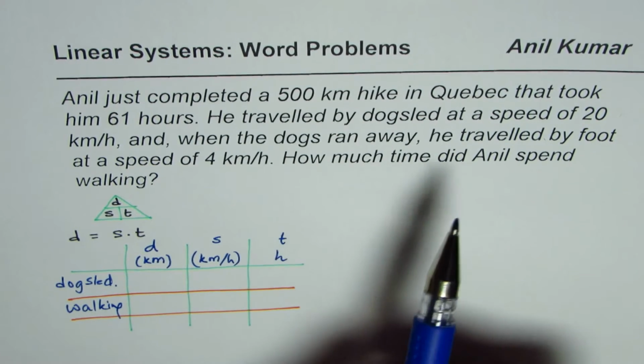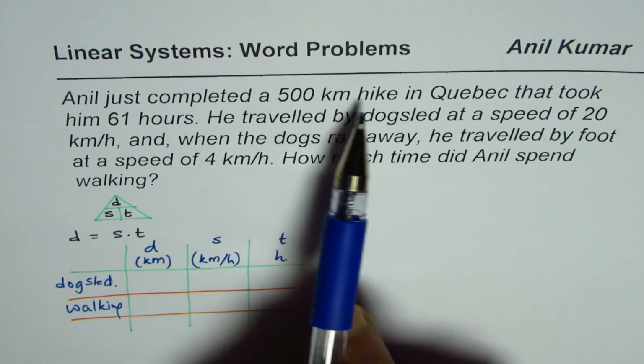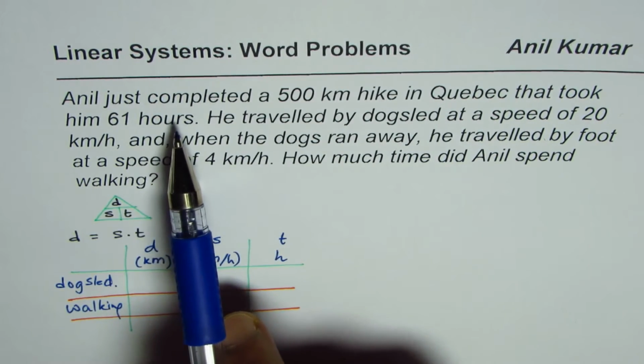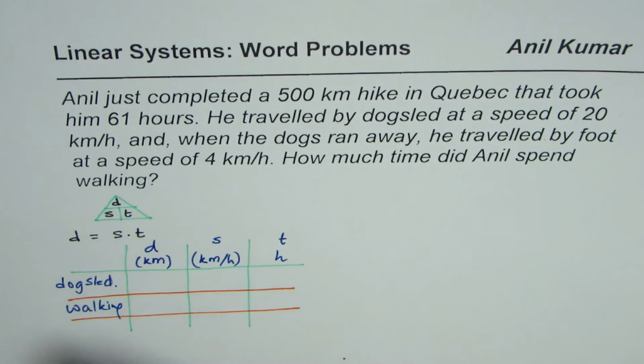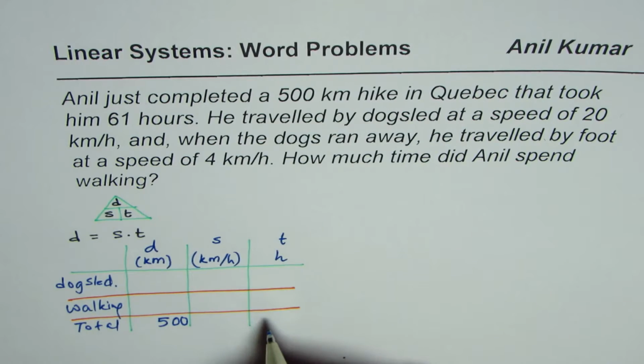Now what are we given? Anil just completed a 500-kilometer hike in Quebec that took him 61 hours. So we are given total distance, 500 kilometers, and time, 61 hours.